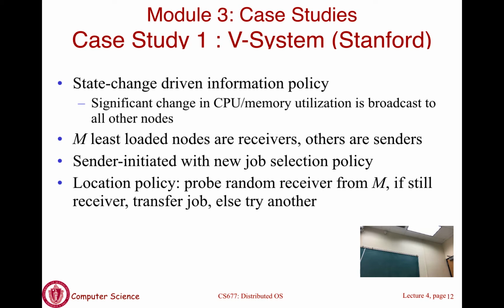If so, you say, here, take a job. So they optimize how you go about finding a machine to take on a job. Rather than polling everyone at random, you periodically broadcast load information, then you keep a table. You take the M least loaded machines, and those are the only ones you will poll, not every other machine. And if you find one out of those M that is willing to take your job, you are done.